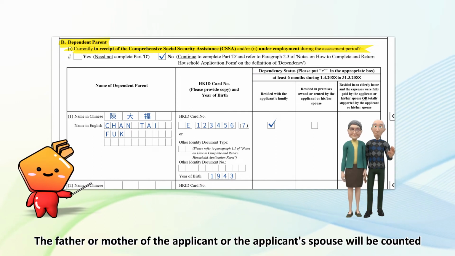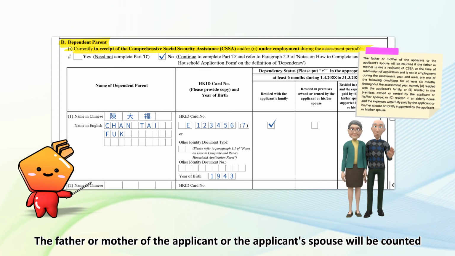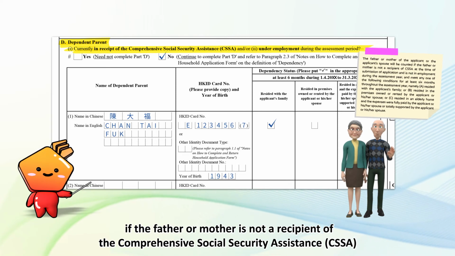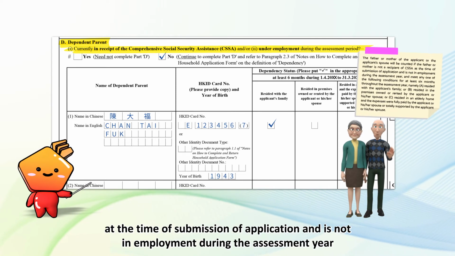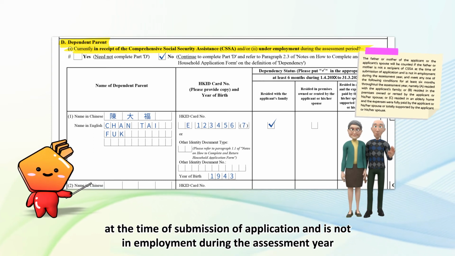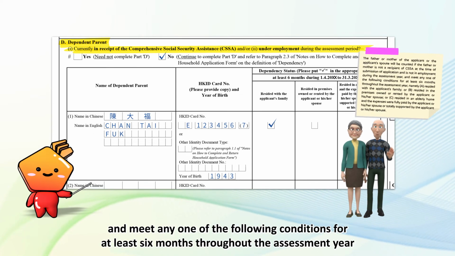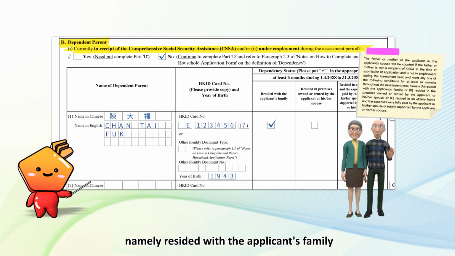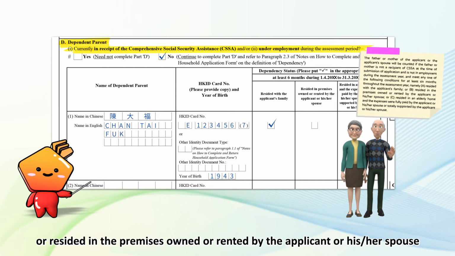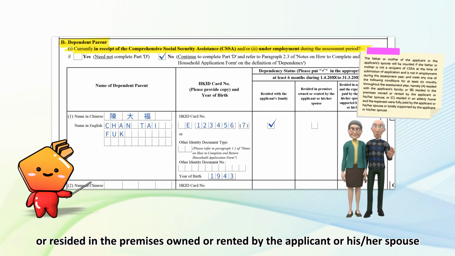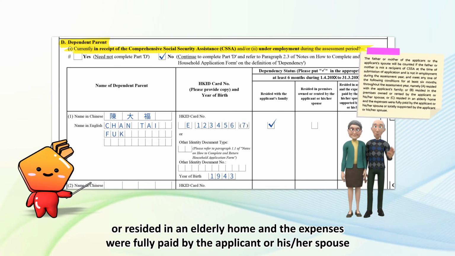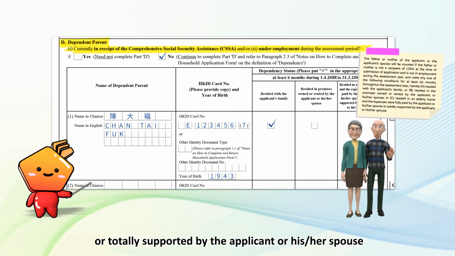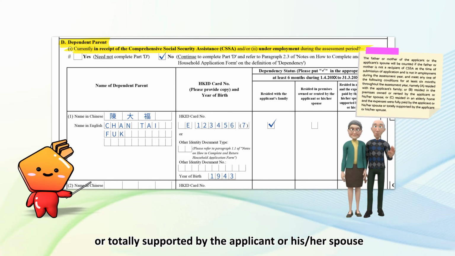The father or mother of the applicant or the applicant's spouse will be counted if the father or mother is not a recipient of the Comprehensive Social Security Assistance, CSSA, at the time of submission of application and is not in employment during the assessment year, and meet any one of the following conditions for at least 6 months throughout the assessment year, namely resided with the applicant's family or resided in the premises owned or rented by the applicant or his or her spouse, or resided in an elderly home and the expenses were fully paid by the applicant or his or her spouse, or totally supported by the applicant or his or her spouse.